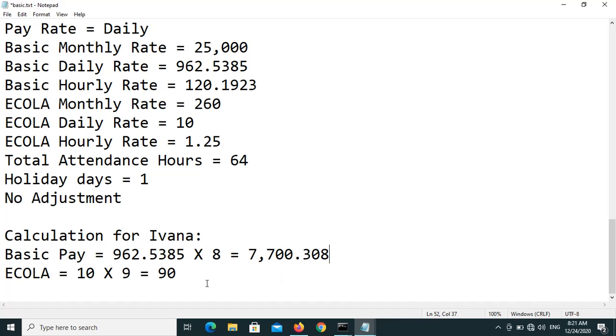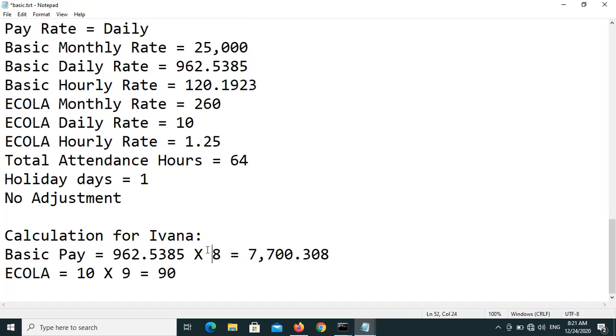Okay. Then for ECOLA, you will notice that I multiplied it by 9 instead of 8. Why? Because according to DOLE, when the employee works on holiday, when the employee has holiday pay, that holiday pay will also get a corresponding ECOLA.